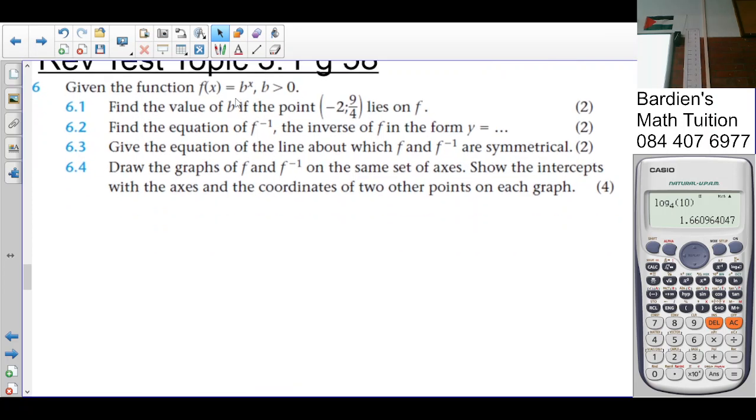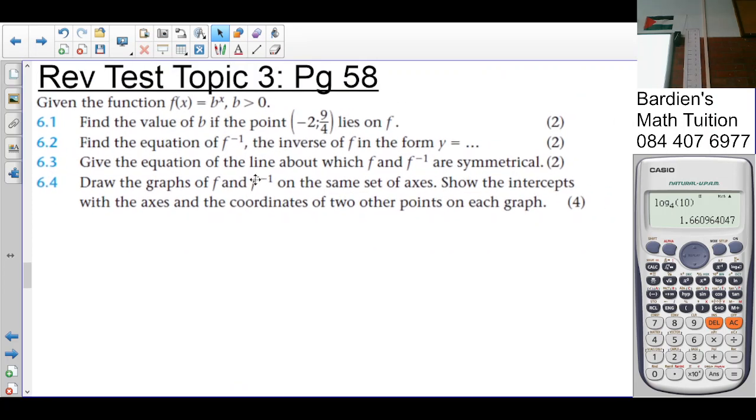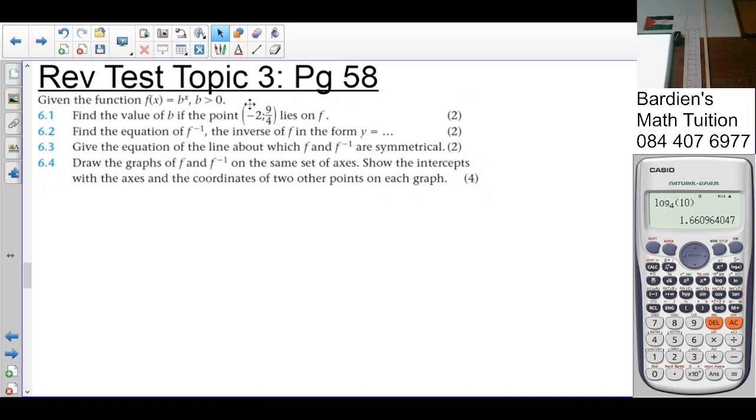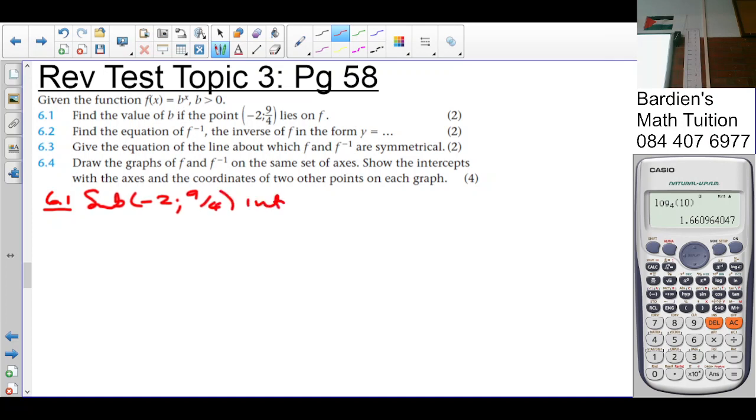Question 6. We are given the function f of x equals b to the x, an exponential graph, and b is greater than 0, which means b is positive. 6.1: Find the value of b if the point -2 and 9/4 lies on f. We substitute -2 and 9/4 into f of x, remembering this is an x and a y.